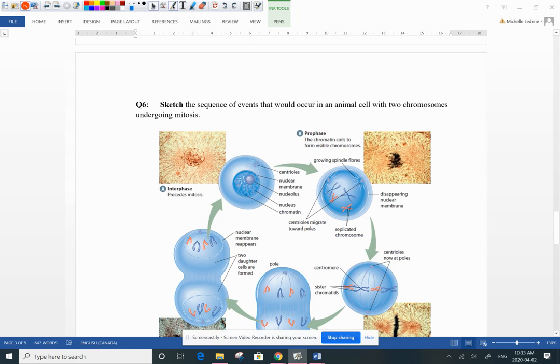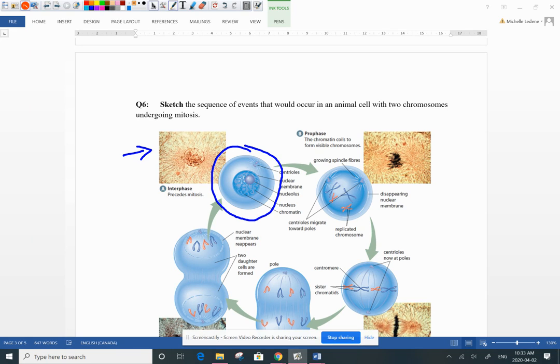So you see two different things here. You see kind of the cartoon version of the drawing, and it's got a bunch of different labels on it, and then what an actual cell would look like, whether this is a plant cell or an animal cell. This is an actual picture, a photomicrograph taken from a real cell.